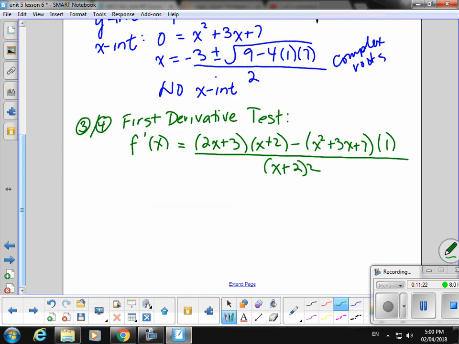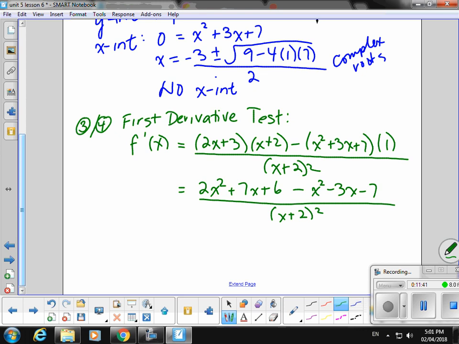Okay, I'm going to tidy up. I get 2x squared plus 7x plus 6, subtract x squared, subtract 3x, subtract 7. Because I want to know where this thing is 0, I'm going to tidy up another step. I have x squared plus 4x minus 1 over x plus 2 squared.